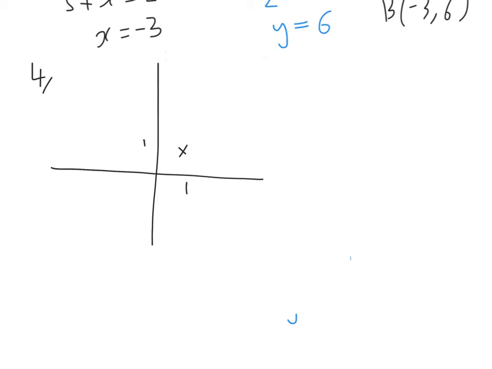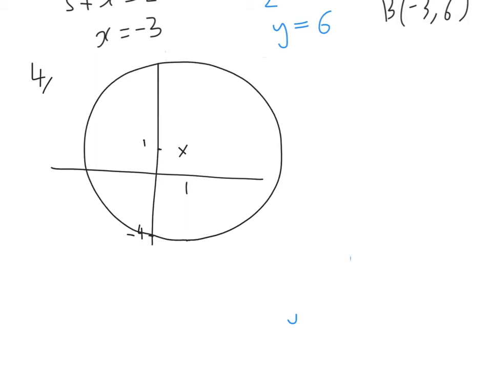So it goes down to roughly, let's say down to here. If that's 1, it would go down as far as -4, and then it's a circle like so. So how does that help us? Well, we know that anywhere from the center to the circumference is a distance of 5. They tell you in the question the radius is 5.